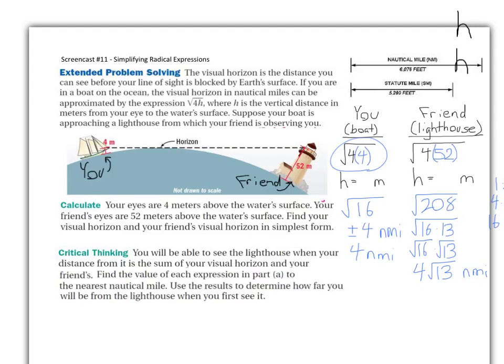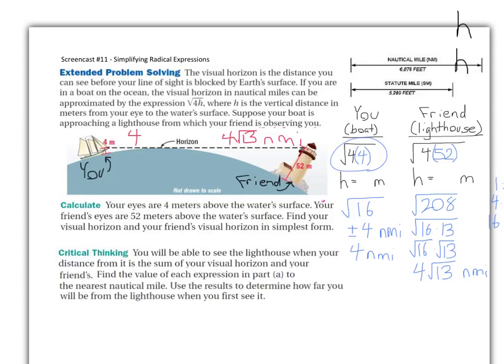Well, we calculated from us to the horizon is only 4 nautical miles, and the distance from our friend up here in the lighthouse to that same exact point where the Earth starts to curve and you can't see past, well, that's 4 times the square root of 13, also known as 4 root 13 nautical miles. All right, good. So now we know this distance from here to here is 4 nautical miles, and the distance from here to here is 4 root 13 nautical miles.